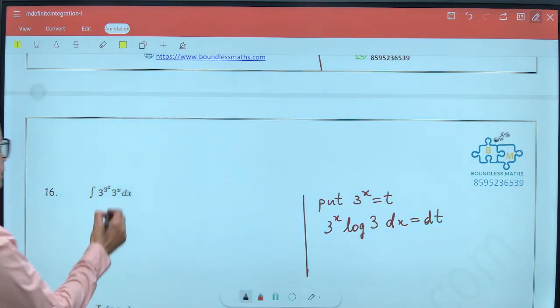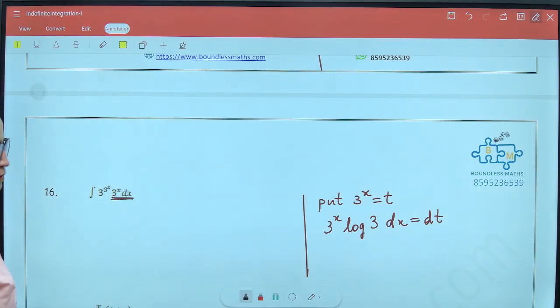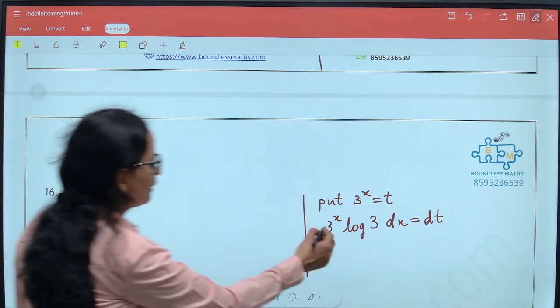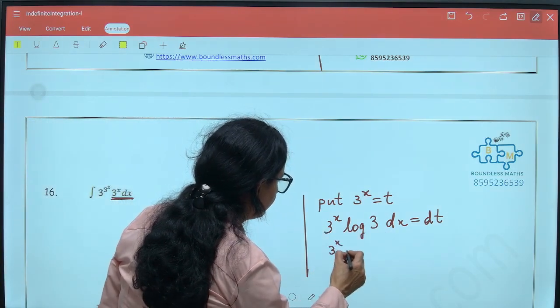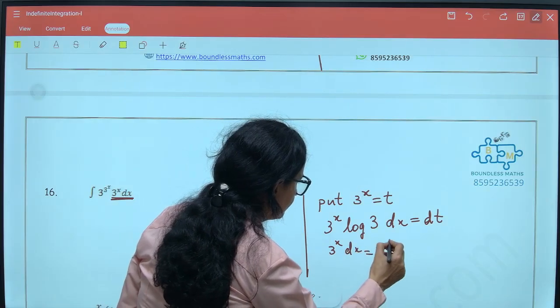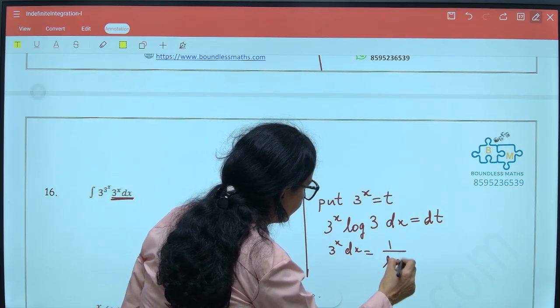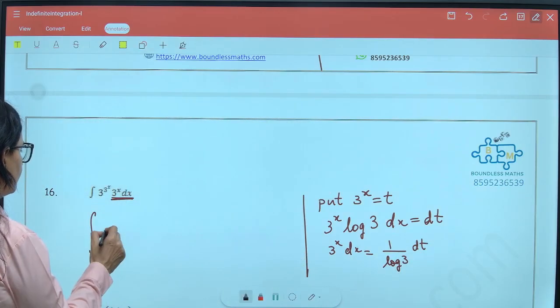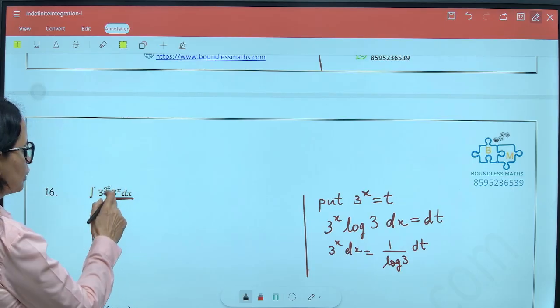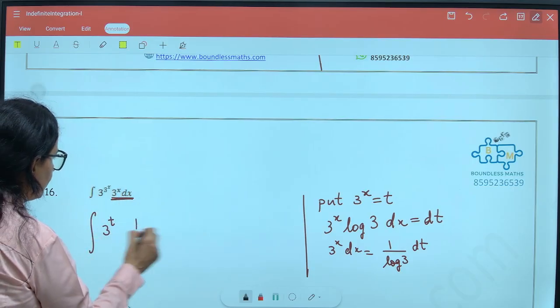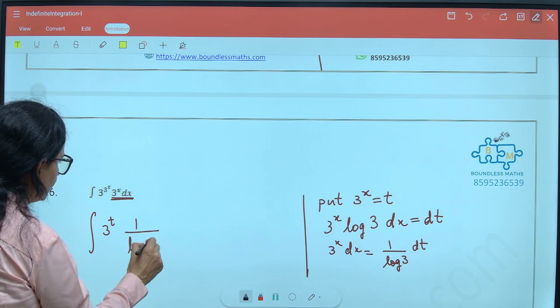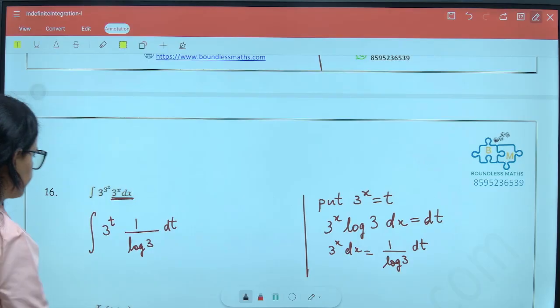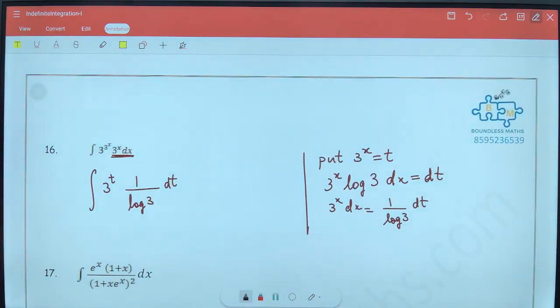Now in the numerator we already have 3 to the power x dx. So that means 3 to the power x dx can be replaced by 1 upon log 3 and we have dt here. So this becomes 3 to the power t, and 3 to the power x dx is to be replaced by 1 by log 3 dt. 1 by log 3 is a constant, so I can bring it out.